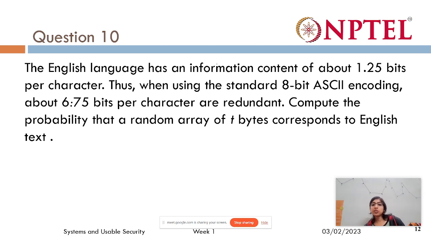English language has information content of 1.25 bits per character. We know one character is how many bytes? 1 byte. One byte is equal to how many bits? 8 bits. This is the only logic, and one formula is there.